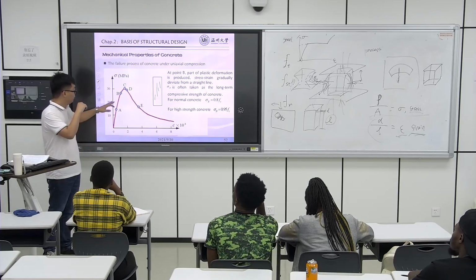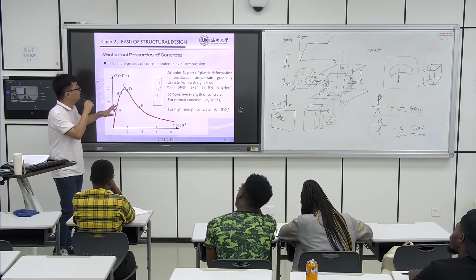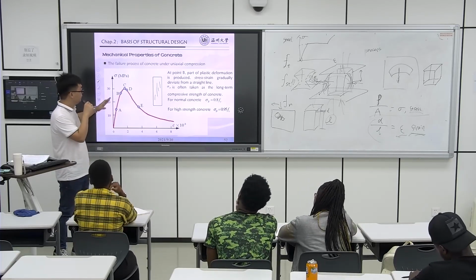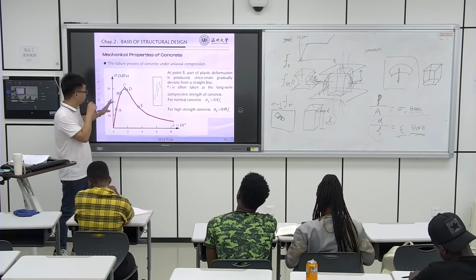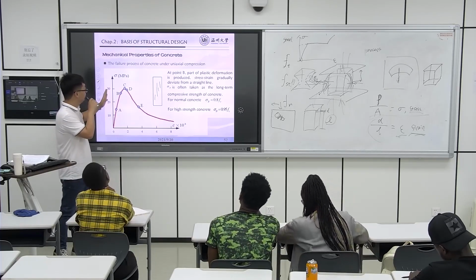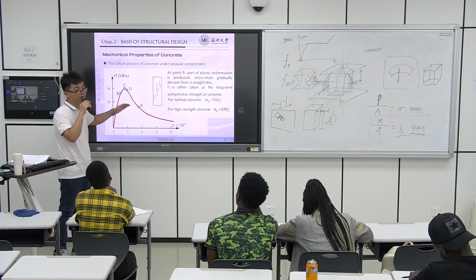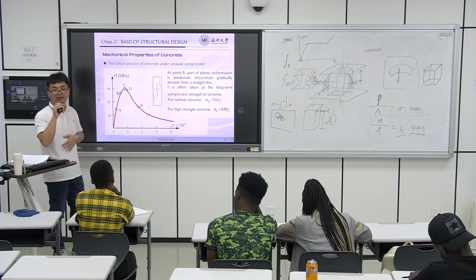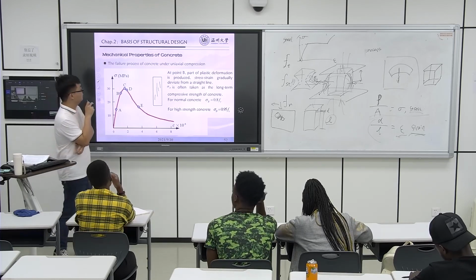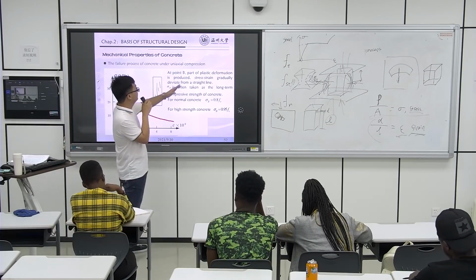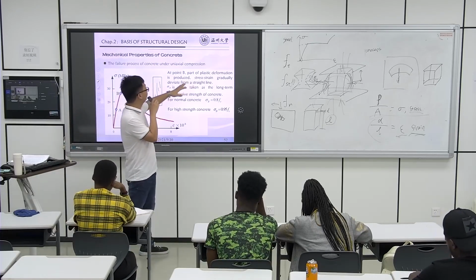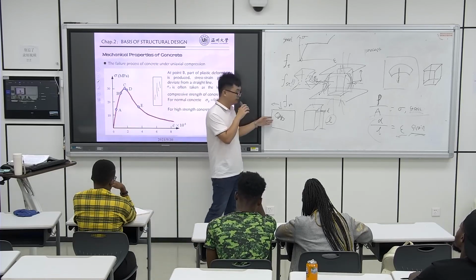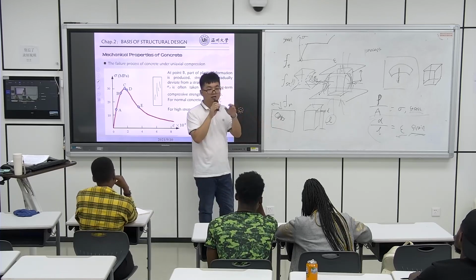From stage 2, we also know that as the stress increased, the strain also increased, but the relationship is not linear. At point B, part of a plastic deformation is produced, because of the aggregate and the cementations.